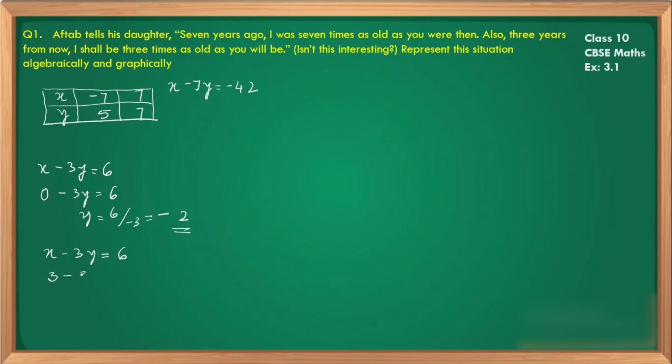Then 3 minus 3y equals 6. Minus 3y equals 6 minus 3, and y is equal to 3 by minus 3, which is equal to minus 1. This is another value.